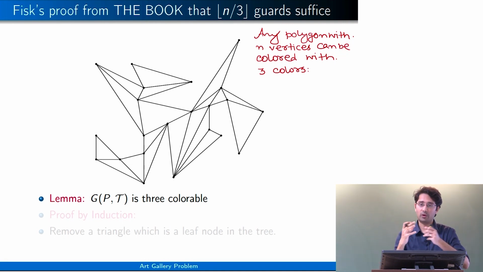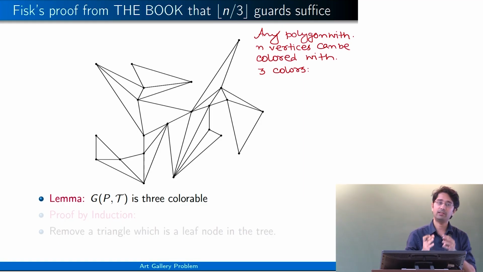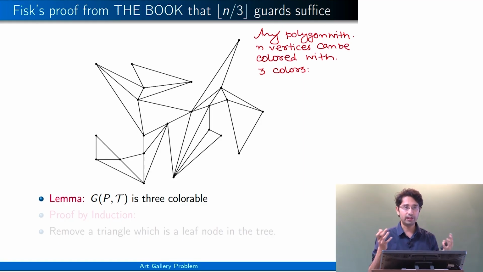But how will I join the colors? You are right, you are almost right. There is a simple case: what he is suggesting is that I will remove any edge, I will get 2 polygons of lesser size, apply induction, but how will I merge these 2 colorings? Because on one side it might get red and blue, on the other side blue and green. How will I merge them?